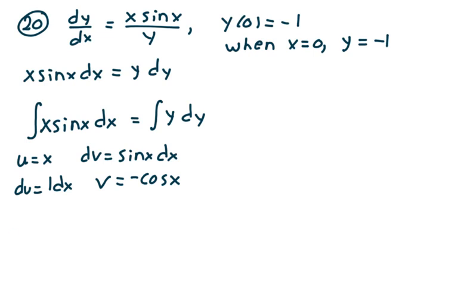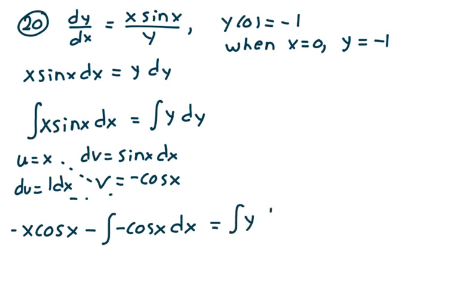So we get negative x cosine of x, that's u times v, minus the integral of v du. So it's minus the integral of negative cosine x dx. That's on the left-hand side. On the right-hand side, we get the integral of y dy. I'll address that one in a minute.